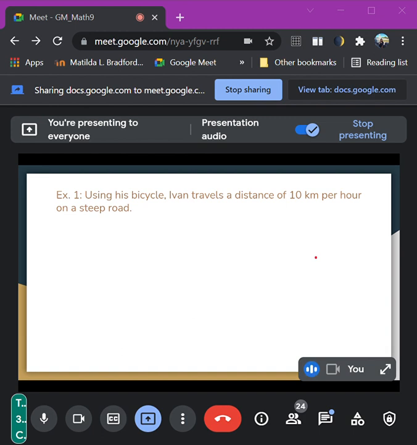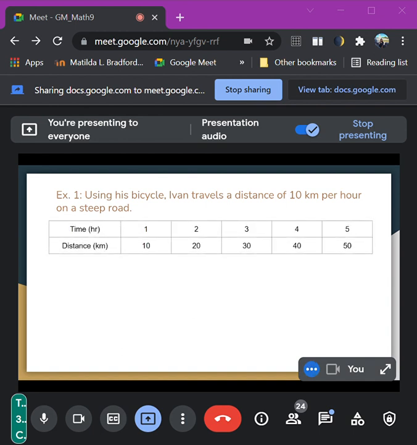Using his bicycle, Ivan travels a distance of 10 kilometers per hour on a steep road. We made a table of his distance and his time.